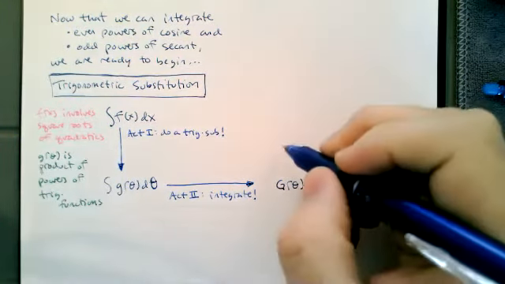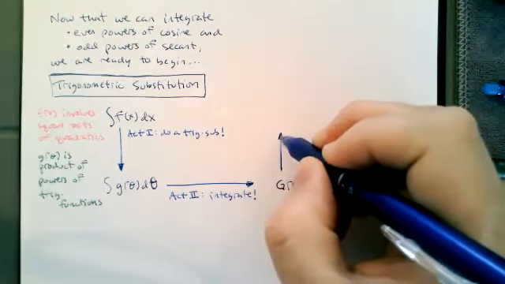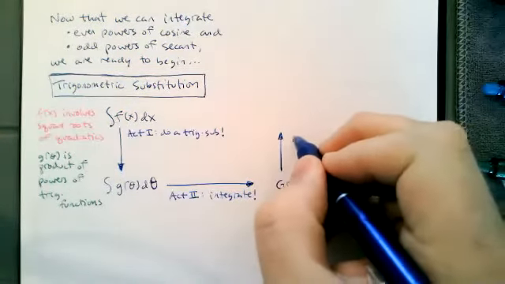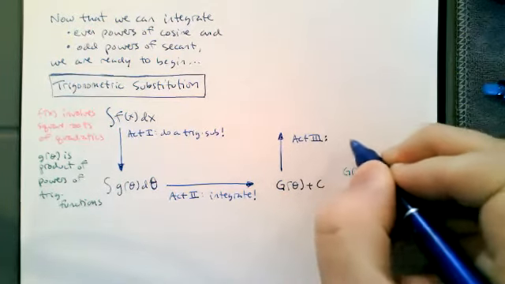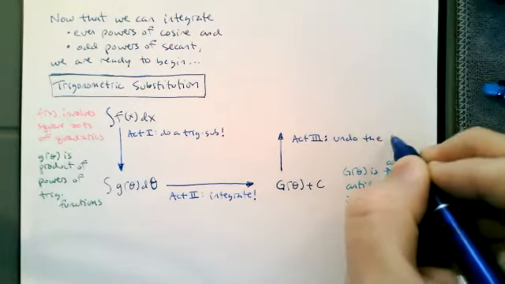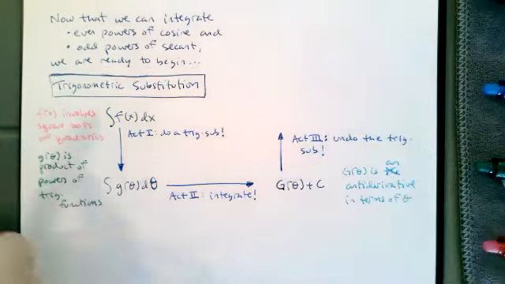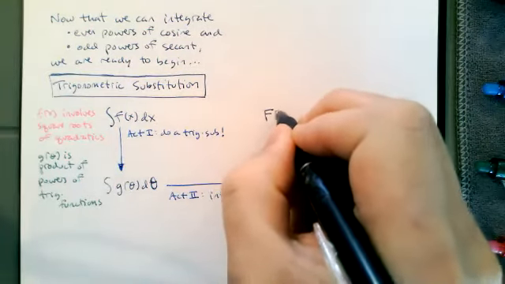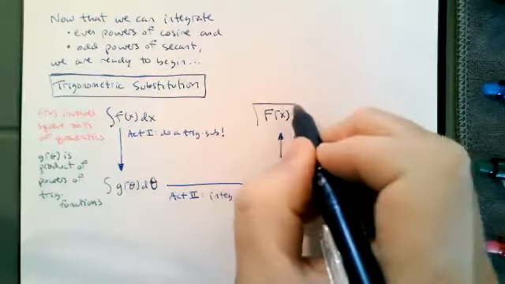So now we have to go back to x. So Act 3 is unsubstitute. And then that will get us our antiderivative in x, which is what we were aiming for.